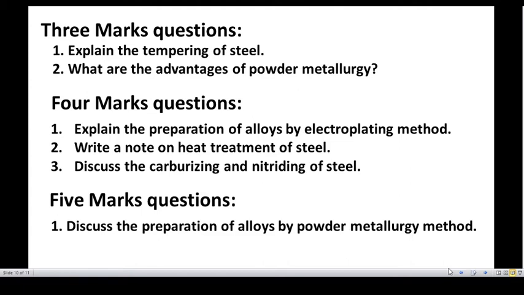And coming to the second question, what are the advantages of powder metallurgy? Usually this type of question is asked in the examination, and it is also an important question. So the answer is, an important advantage is that there is an unlimited choice of alloys, composites, and associated properties in powder metallurgy.